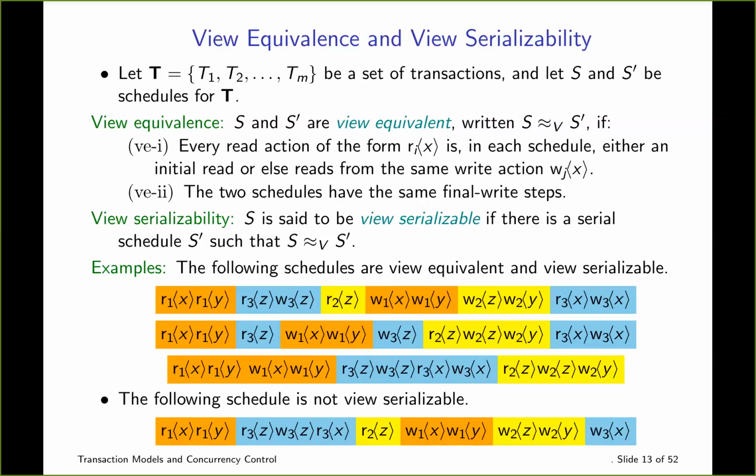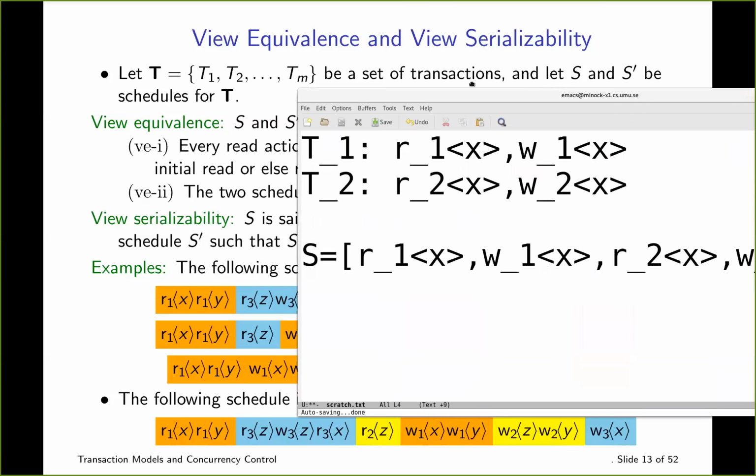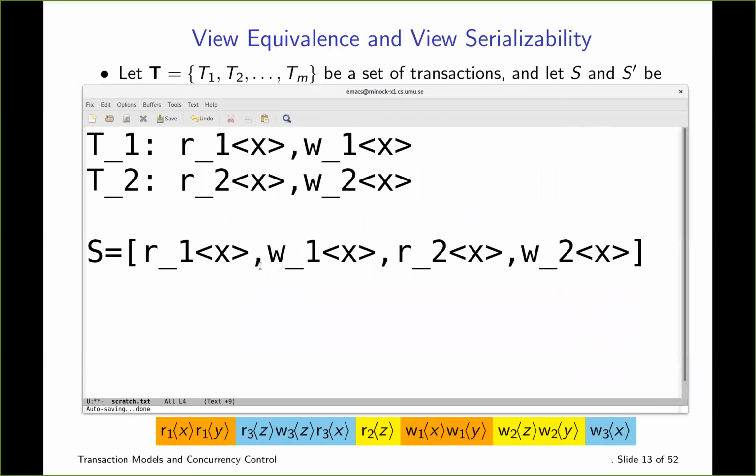All right. Now, if we go back to this one right here, if we look at this schedule here, first of all, is this view serializable? Yes, that's right. The ordering of the transactions is chosen arbitrarily. Any serial ordering is legitimate.